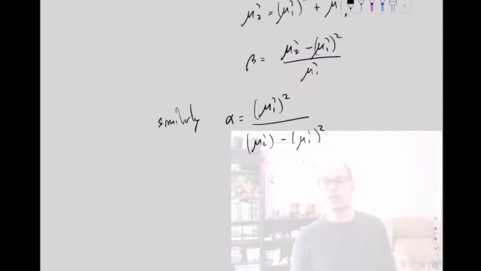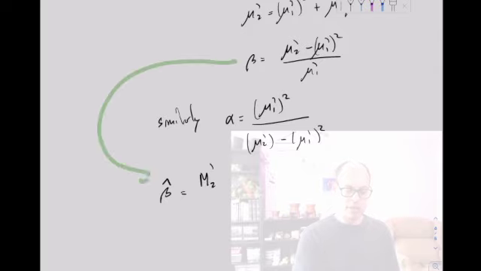The method of moments says that now that we've solved for our parameters in terms of our moments, why not have an estimator beta hat for beta, which we'll define to be M2 prime minus M1 prime squared over M1 prime. I'm really just taking this formula and replacing the moments by the corresponding estimators.